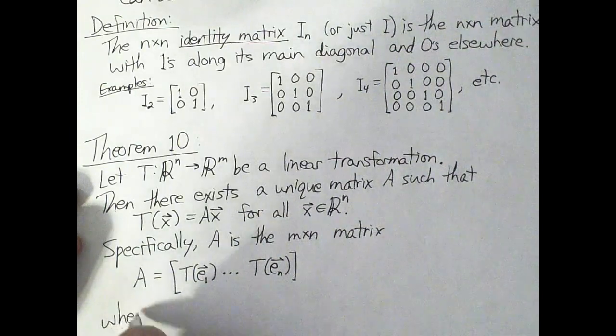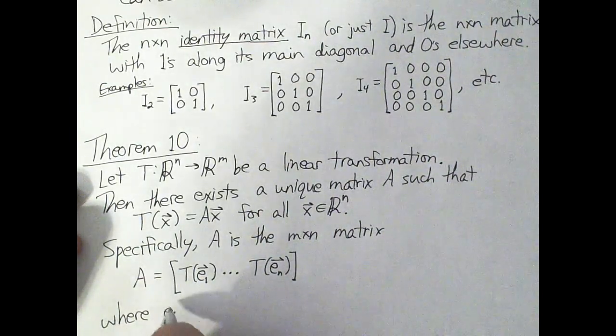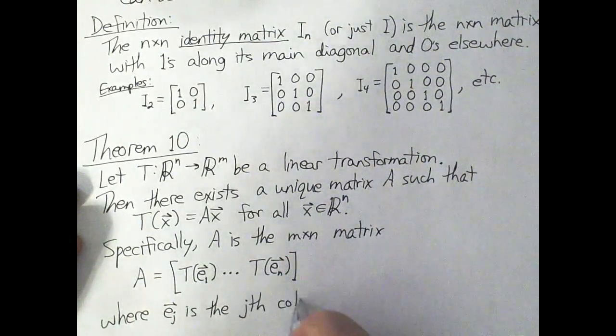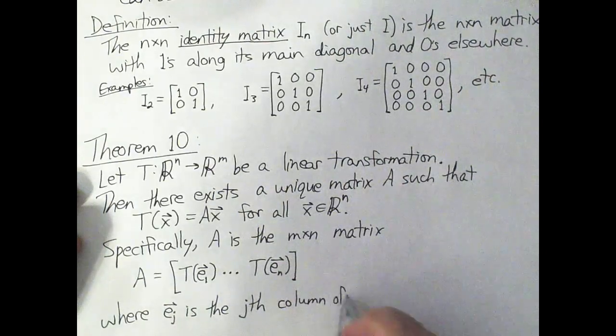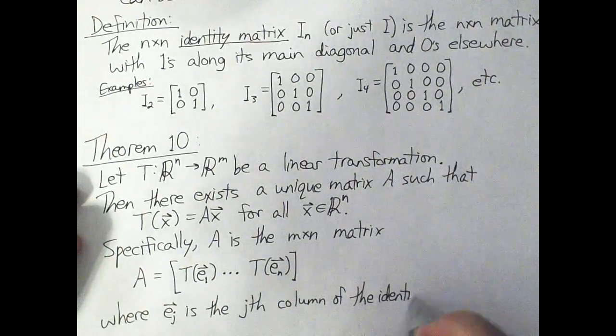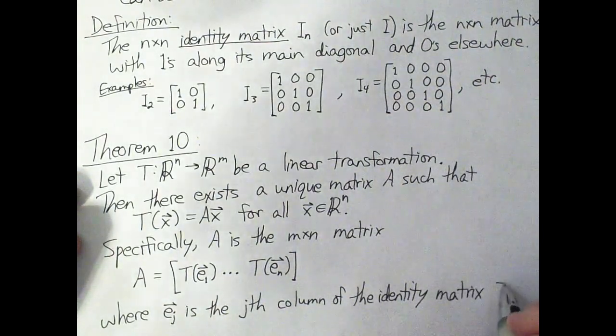Where ej is the jth column of the identity matrix In.